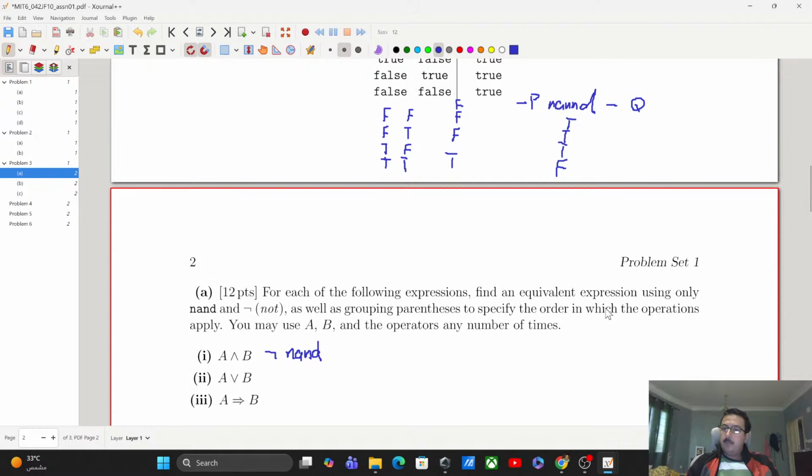Using only, find an equivalent expression using only NAND and not. So this didn't work.